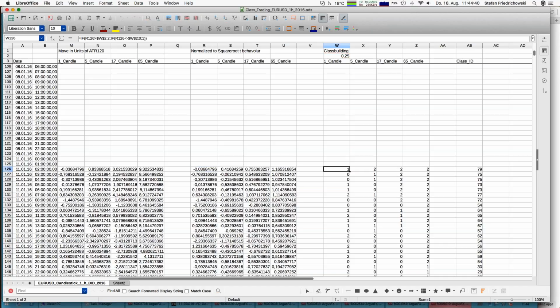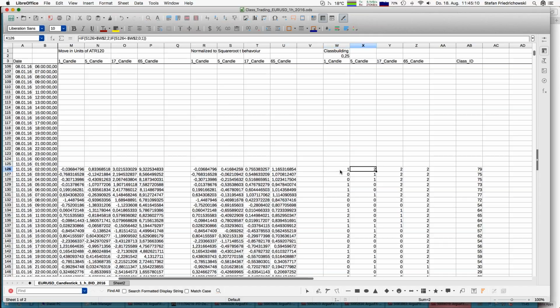So that's all. And so for every movement, 1, 5, 17, 64, I get a number of 0, 1, and 2. So every movement is now sorted into 3 classes, 3 subregions, and they simply get a number, 0, 1, and 2.